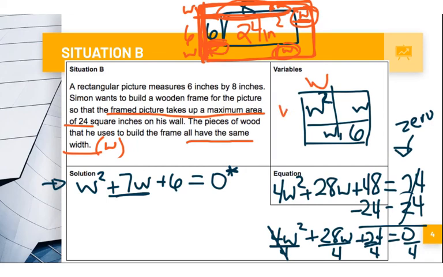W times W is W squared. 2 times 3 is 6. So 2 times W is 2W, and 3 times W is 3W. 3 plus 2 is 5. I need 7, so let me think again.